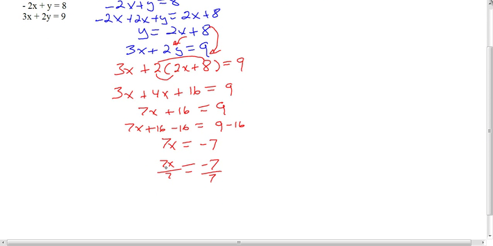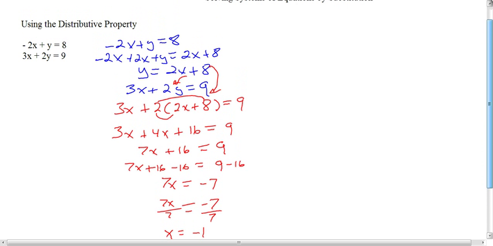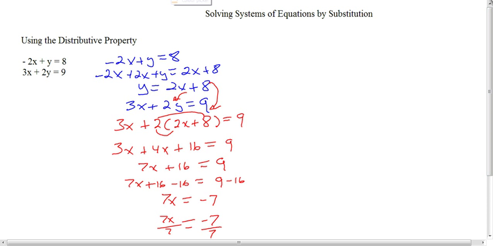And this will give me, because the 7s are going to cancel, x is equal to negative 1. 7 into 7 one time, positive into a negative will give me a negative. Okay, so I got my first value here. Now I need to solve for my second value.